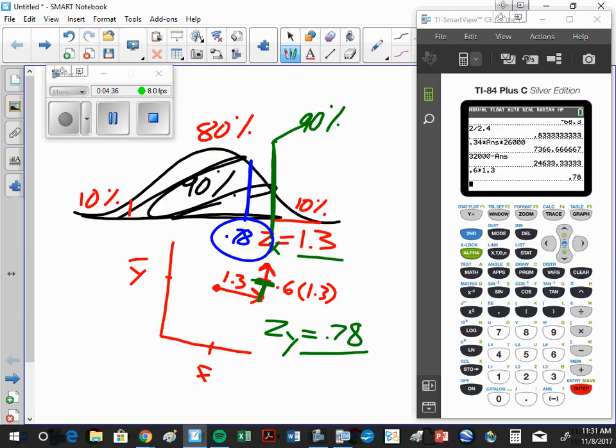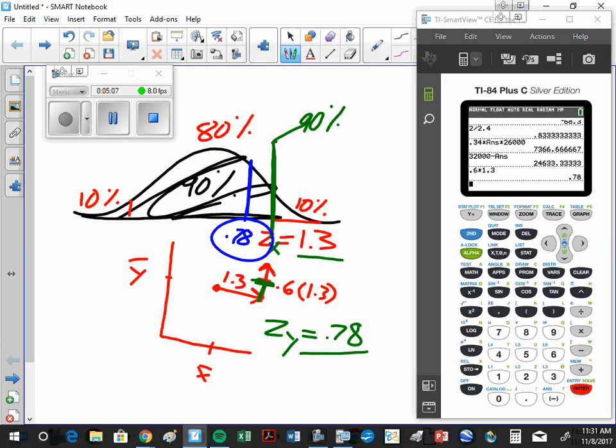Let me look at A104. Sorry. Okay, here we are. And 0.78. What does the book say? Predict the percentile rank.